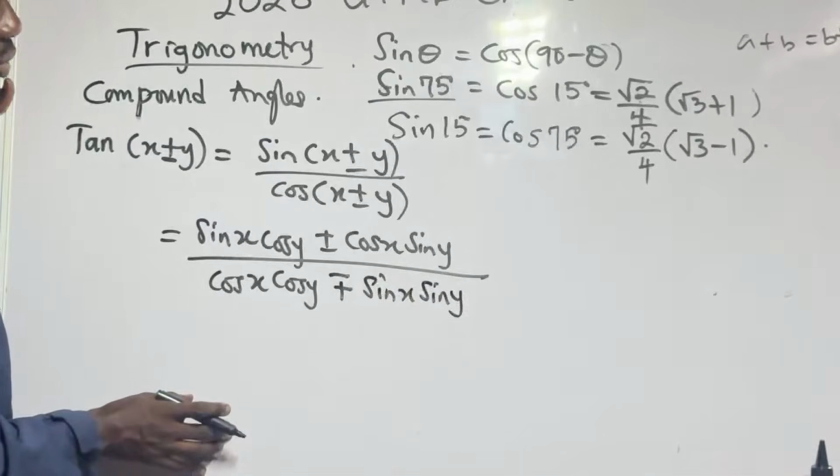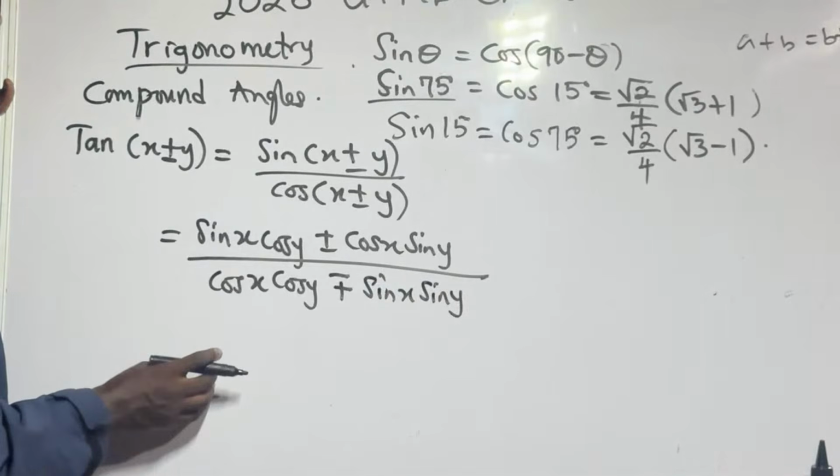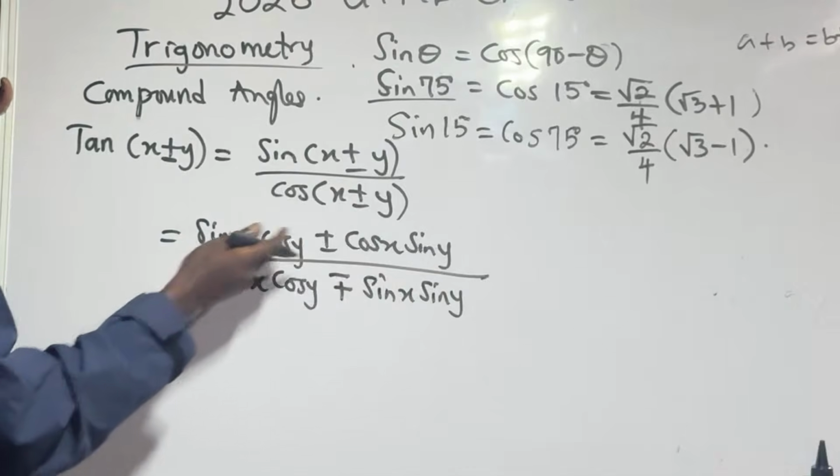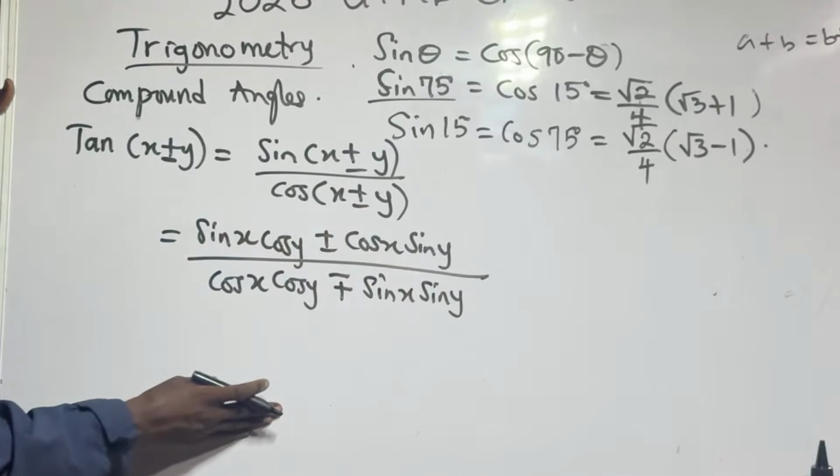Now let's factor out cos x cos y from each one, meaning we're dividing each of the terms by cos x cos y.